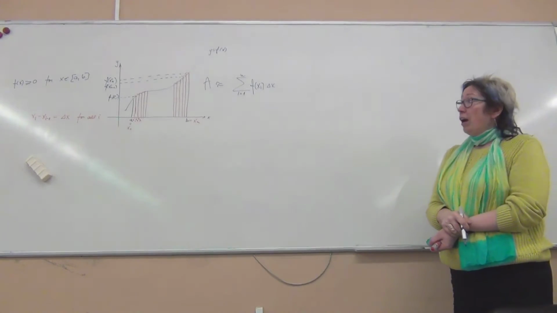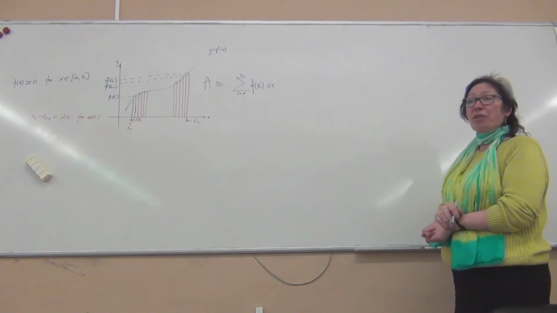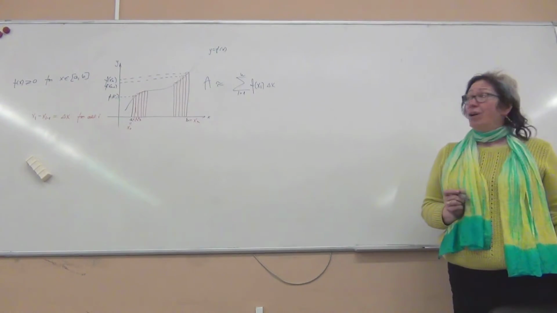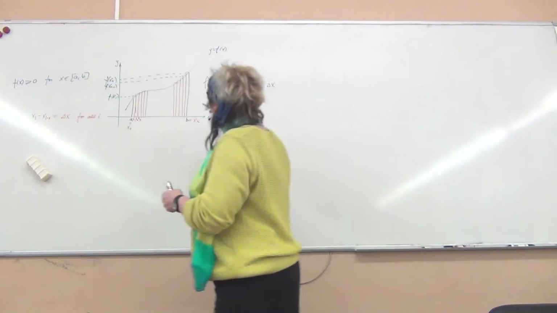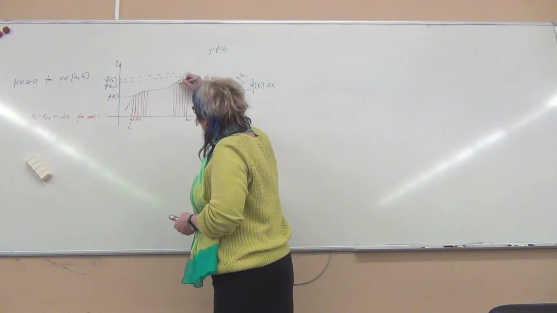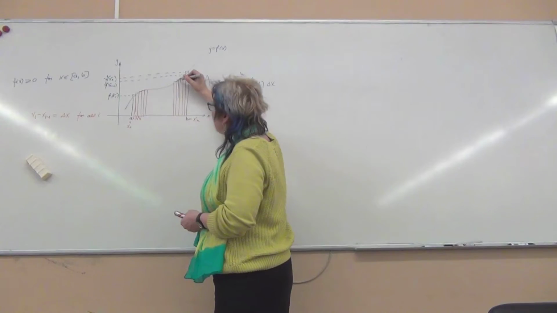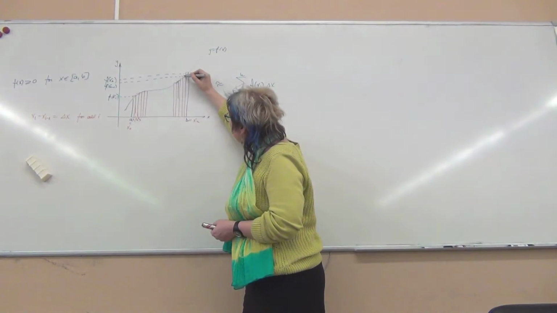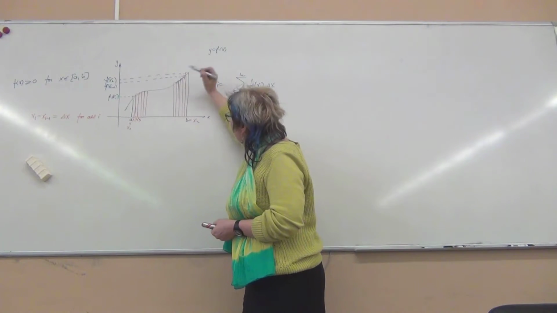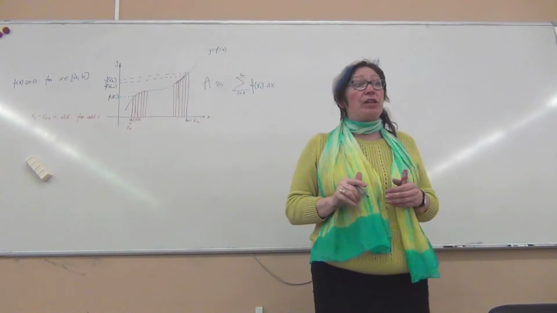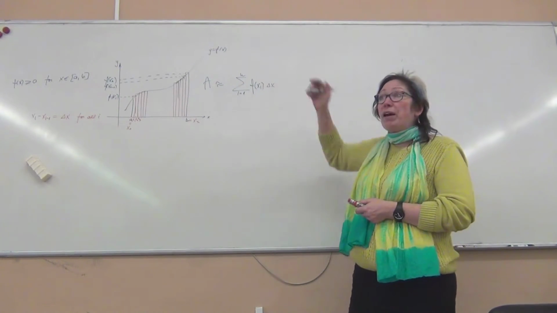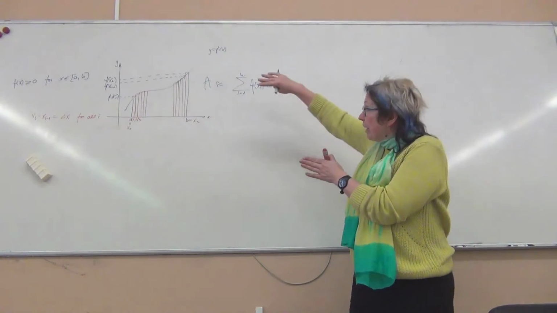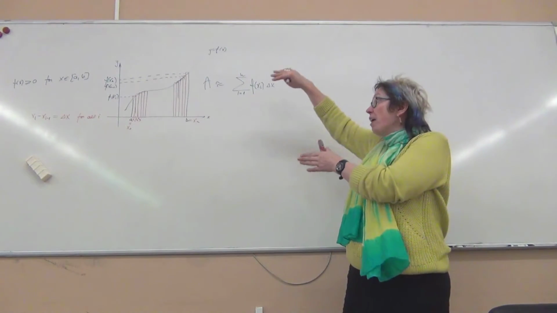The thing is, if we are not satisfied with the accuracy of this result, we can make those slices thinner. If I make those slices thinner, what happens is like this and like this. You see the extra parts become smaller. The error becomes smaller, and the thinner those slices become, the less this error becomes.